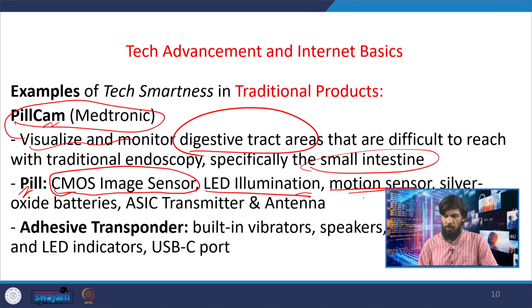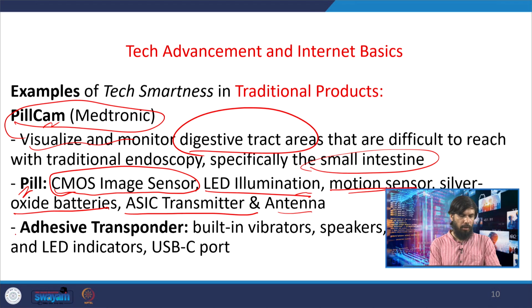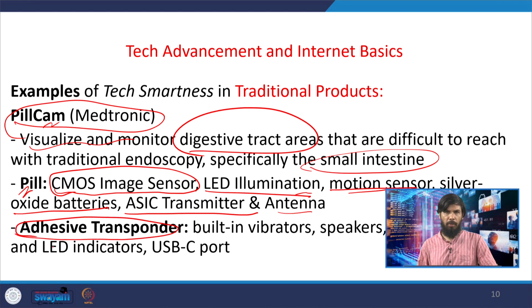That can be done through motion sensors, with silver oxide batteries to power it up, and then an ASIC transmitter and antenna to transfer that data to a transponder, an adhesive transponder attached to the patient's body.